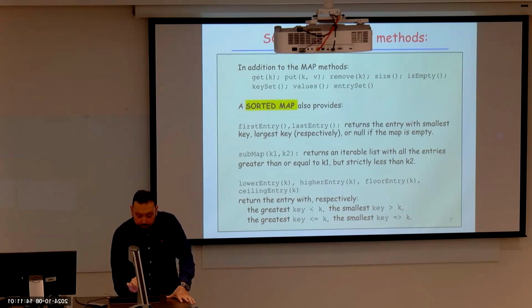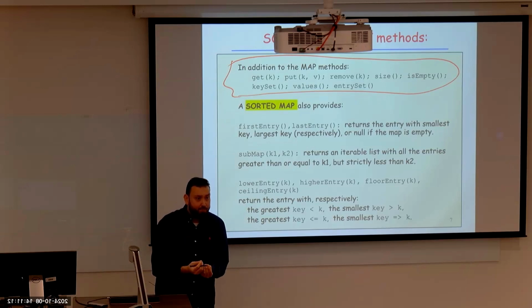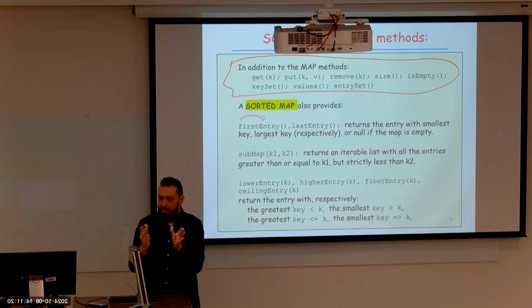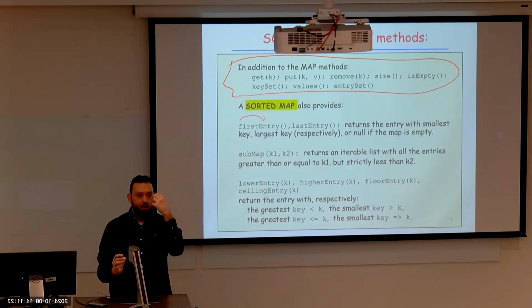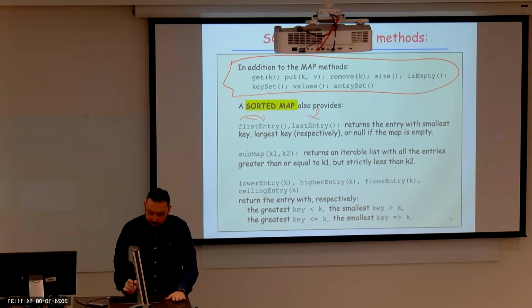Now, if I want to have a sorted map, not just a normal map, so additionally to these operations, I need to have more operations also. If I have a sorted map, that means if I get the first one, it's going to be the first index, right? Like I'm able to get the first entry. Let's say I'm organizing my keys in ascending order. So if I do first entry, I'm guaranteed I will have the lowest key at the first index. Okay, so we're just adding two more methods here.